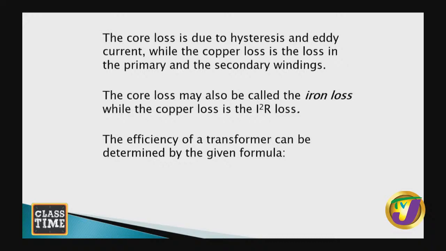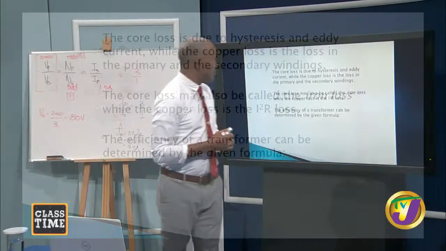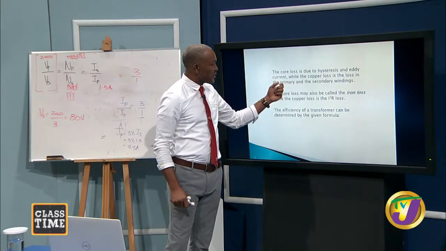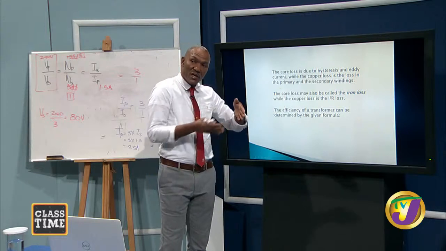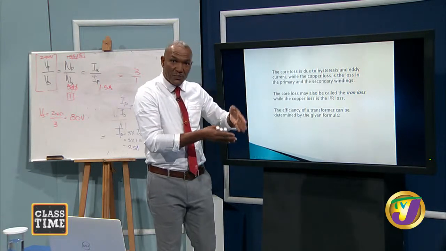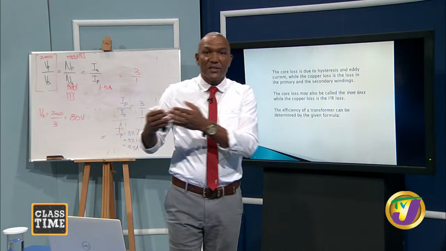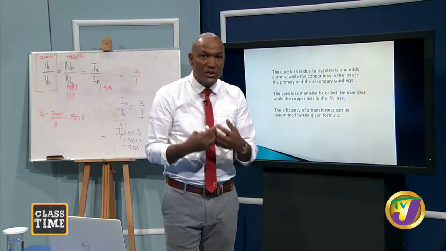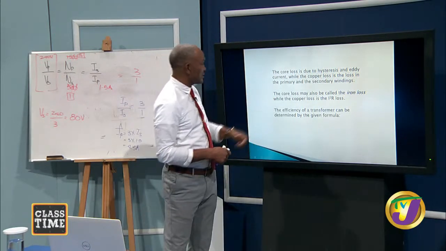Remember, the windings are made of wires, conductors. And because they are made of conductors, current flows through, resistance, heat loss, I squared R loss, and that is power loss. But they have two sides, a primary and a secondary, so you don't isolate them. The primary loss is added to your secondary loss to give you your total I squared R loss.